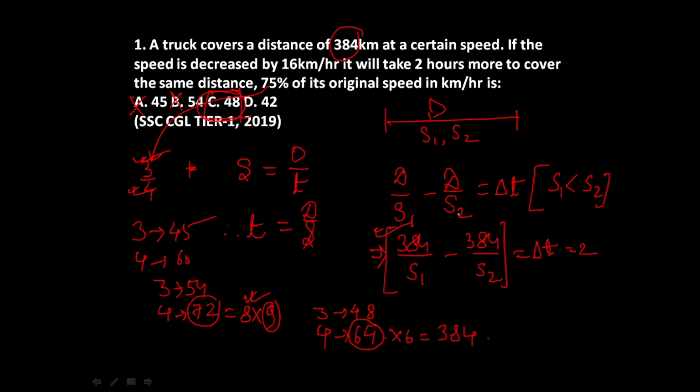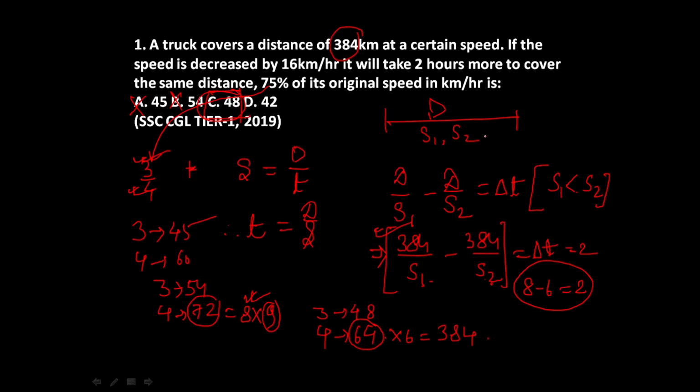We have seen that s1 is less than s2, so s2 will be 64 and s1 will be 48. So the difference is 2. When it is divided, it will be 8 minus 6 is equal to 2. Is it satisfying? Yes. So option C is the right answer. That is how we have to solve it. Okay, fine.